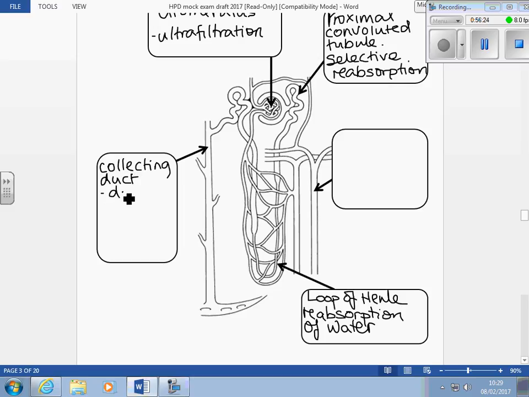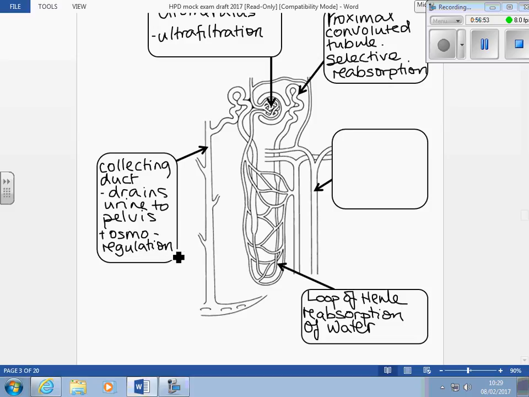Well, yeah, drains urine right to the pelvis of the kidney. It's also involved in water control, isn't it? Osmoregulation. Because that's where the next bit comes in, the effect of ADH and the aquaporins and all that.